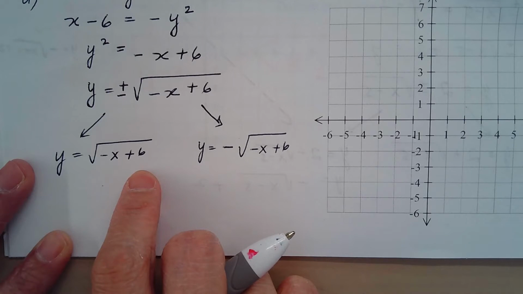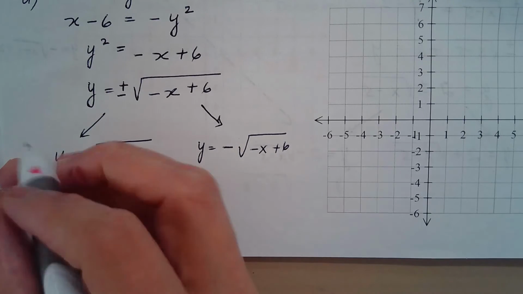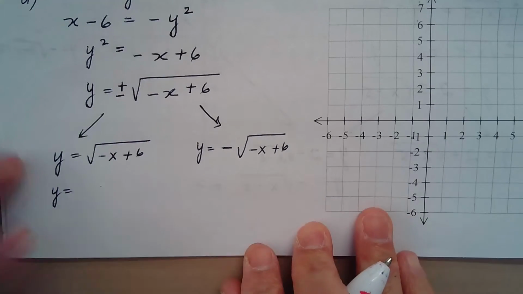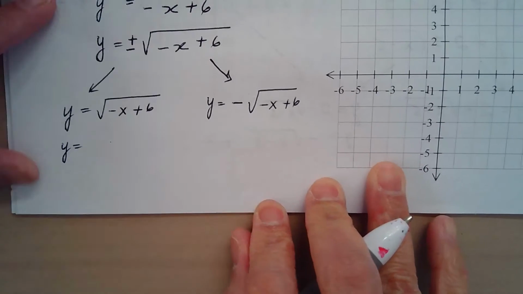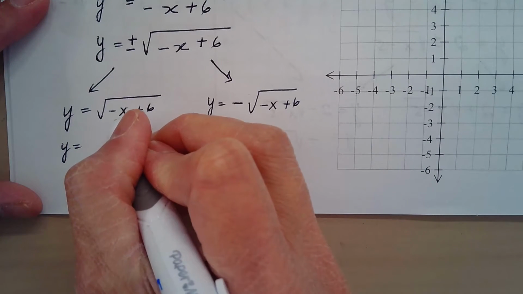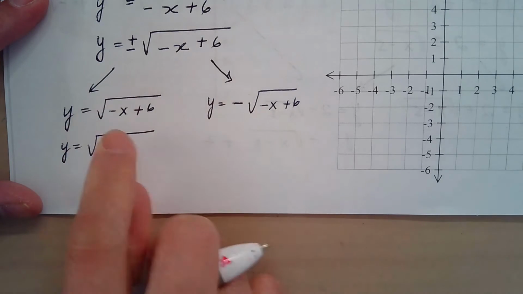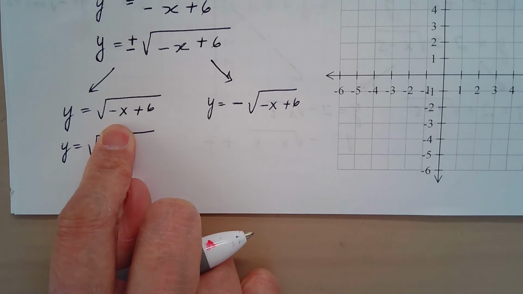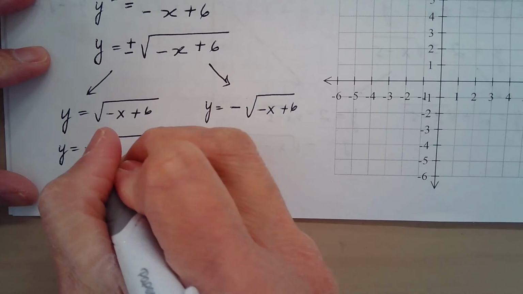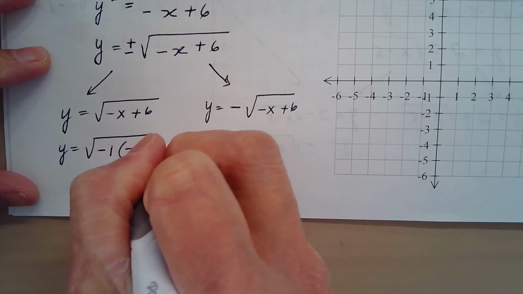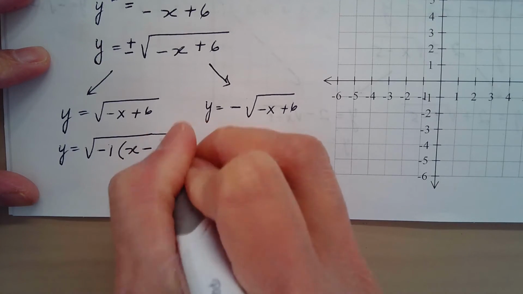If you want to do some transformation stuff, because I know we wanted to graph this thing, to put it in transformation form we have to factor out the negative 1, because the x has to be a positive x. So factor out the negative 1, so it becomes x minus 6.